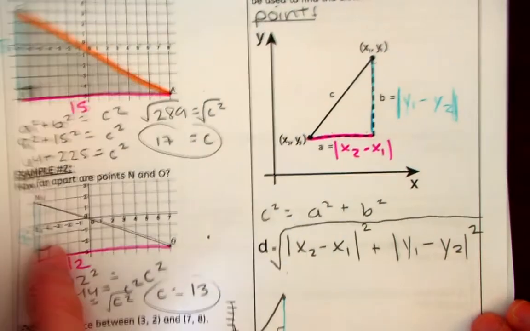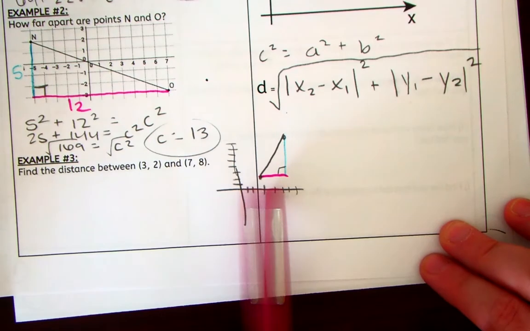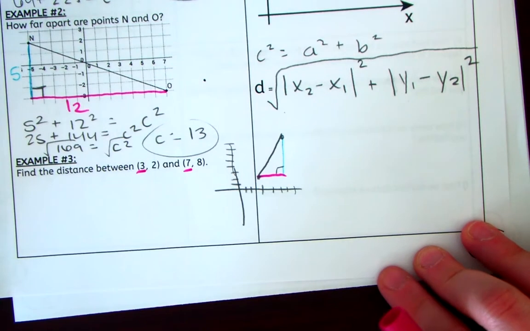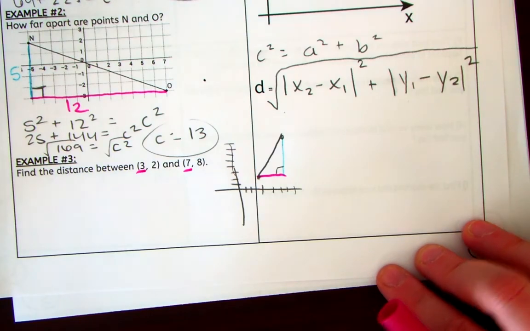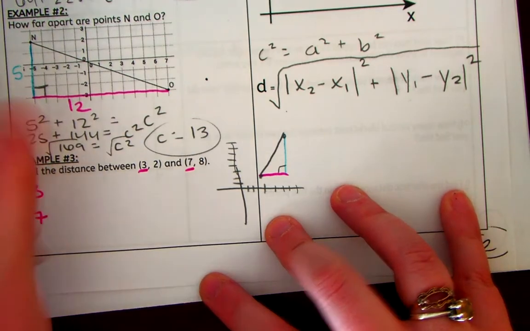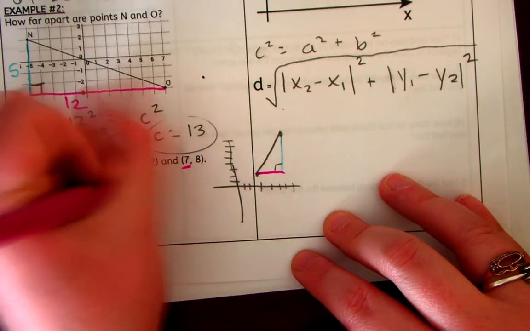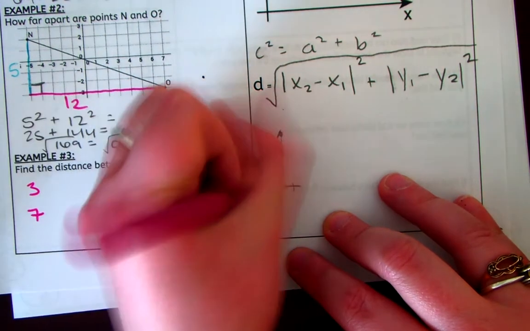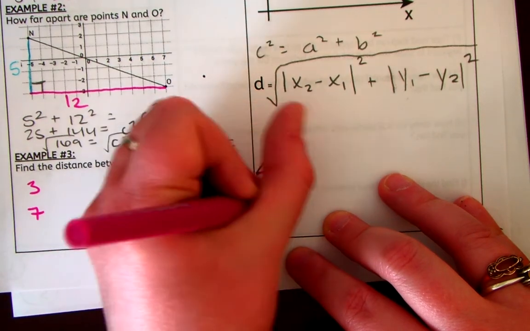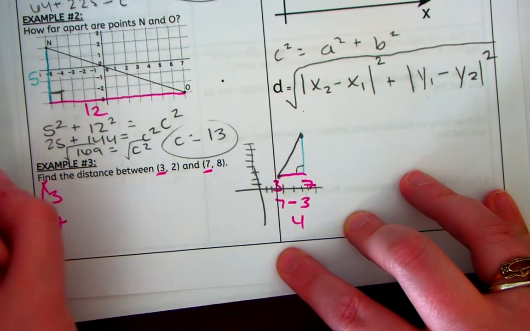Okay? So for this example, if I'm trying to find this horizontal length, I have to think about the space between 3 and 7. So I'm going to rewrite these coordinates: 3 and 7. What's the distance there? I could do 7 minus 3 and get 4, or I could do 3 minus 7 and get 4.